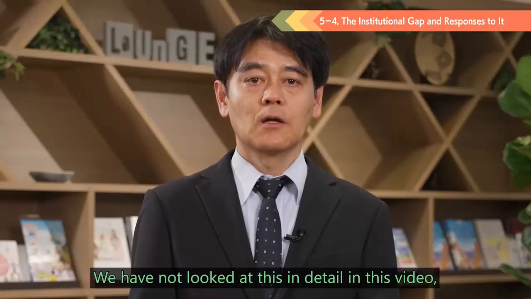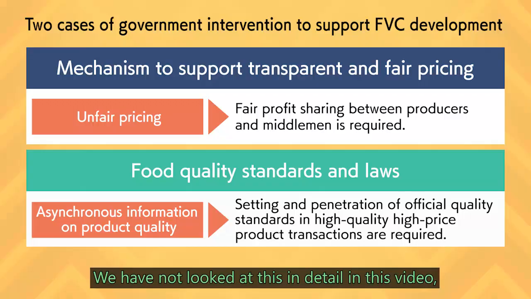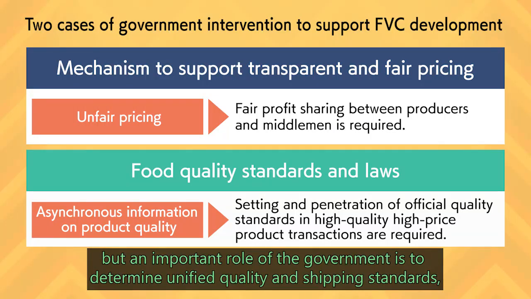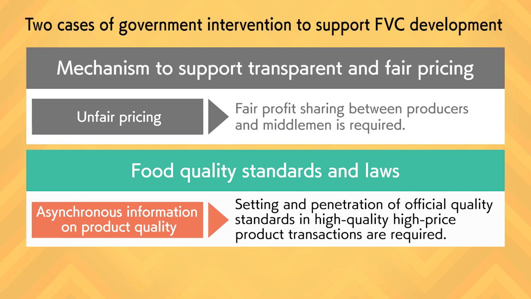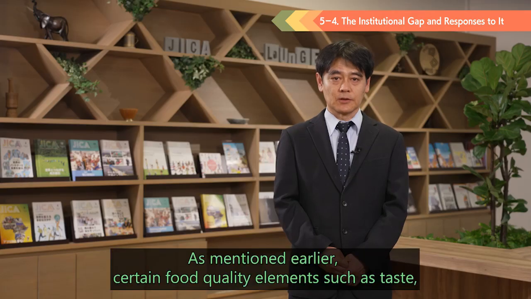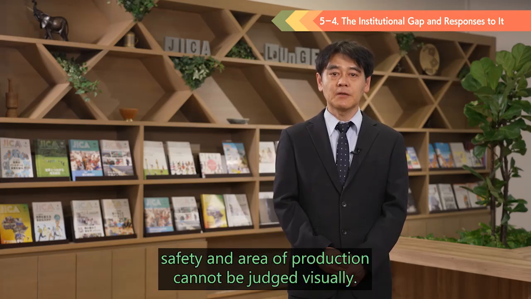We have not looked at this in detail in this video, but an important role of the government is to determine unified quality and shipping standards, and then monitor the market to eliminate non-compliant products. As mentioned earlier, certain food quality elements such as taste, safety, and area of production cannot be judged visually.